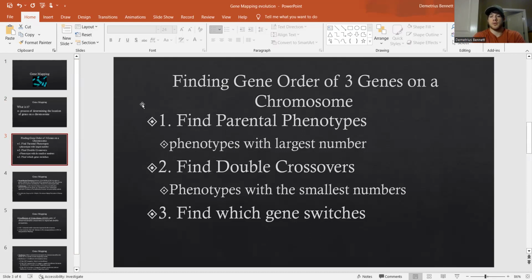As we'll see in the problem, you'll understand why they're called double crossovers, but they're going to be the least common, the phenotypes with the smallest numbers. You're going to be comparing those parental and double crossovers to each other to find which gene is switching, so you can find that center gene.